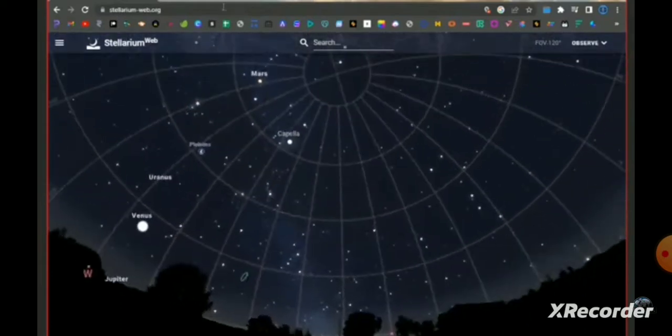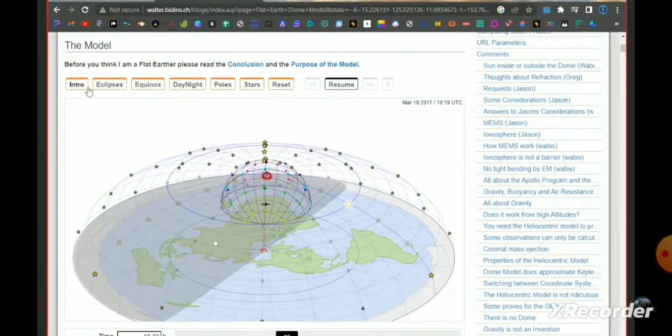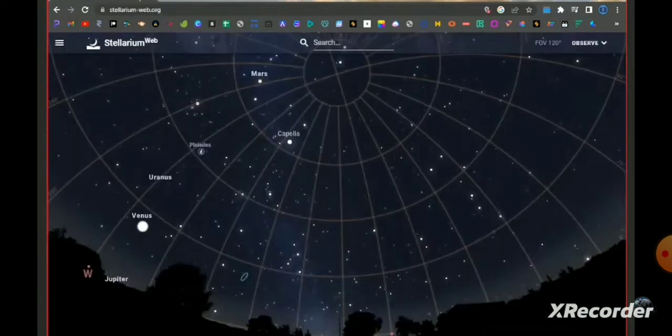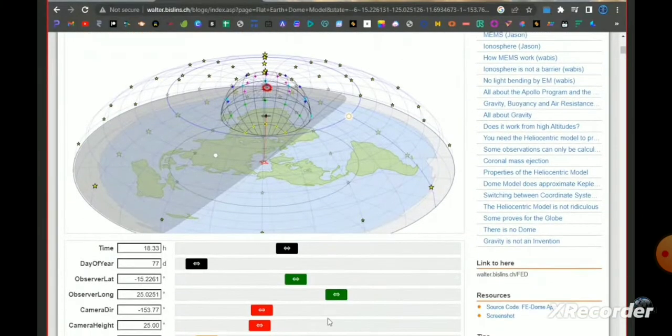So anyway, if we come over here, this dome right here on Walter's model, so thanks Walter, is just the same dome as this. You're inside the dome here. Now you're seeing the dome from the outside. That's literally where he got it.